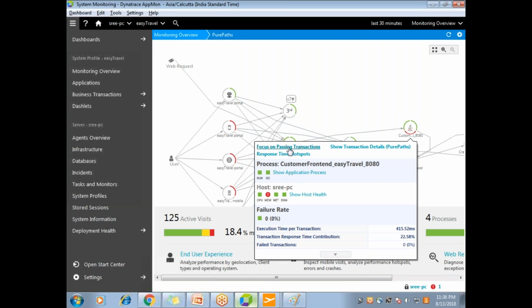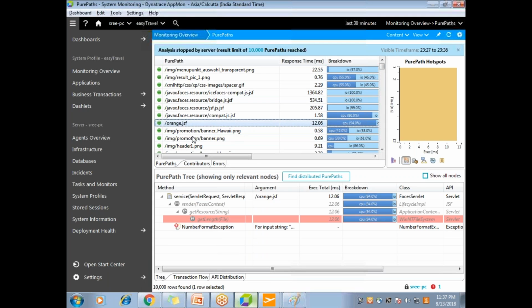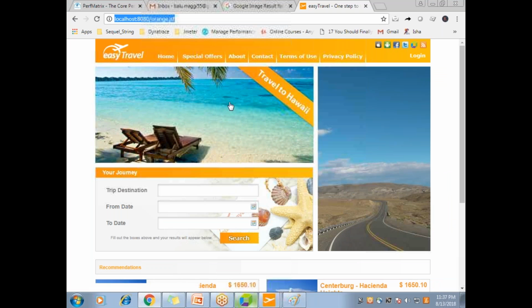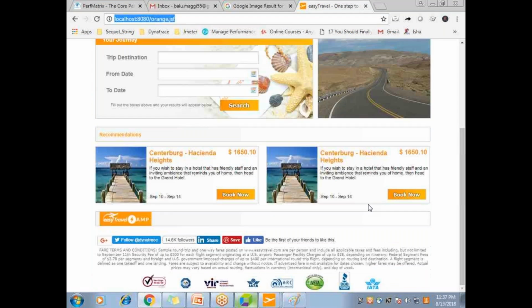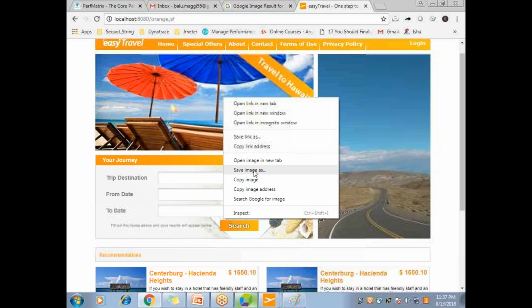Let me go to the pure for a second. Okay, so orange.jsf with a forward slash. I'm sure it is downloading these pictures, and this picture is taking a lot of time. So maybe you can look at the size of this.